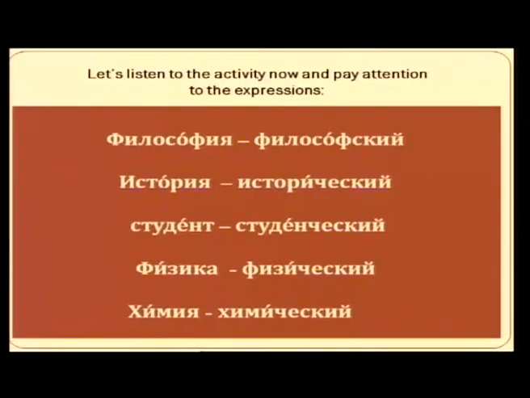Let us go to the next section and see how other nouns have been used to derive adjectives from them. Philosophia, philosophy, philosophical. История, history, исторический, historical. Студент, student, студенческий, student's.